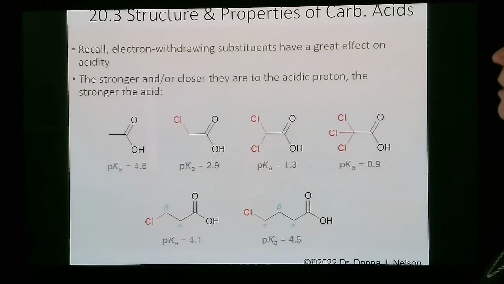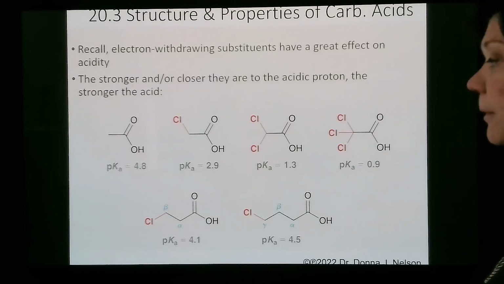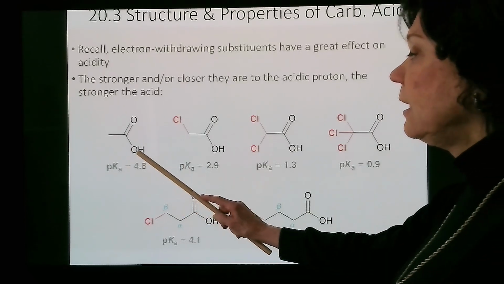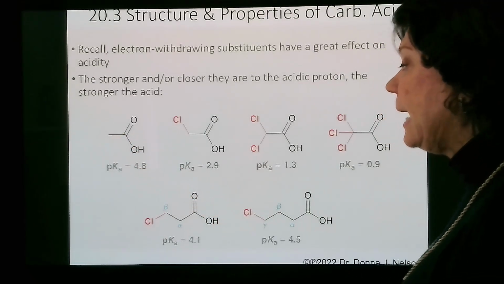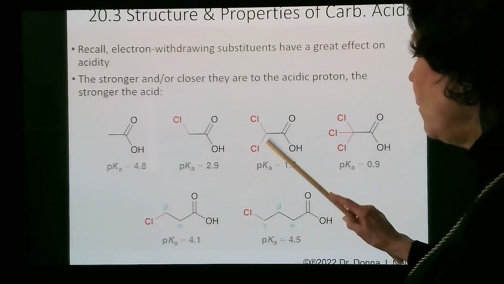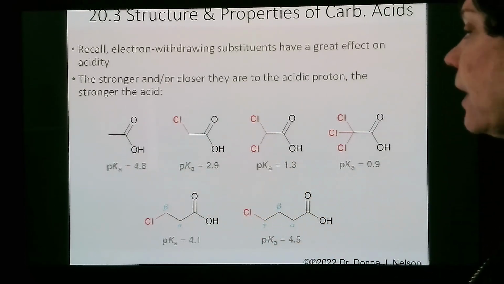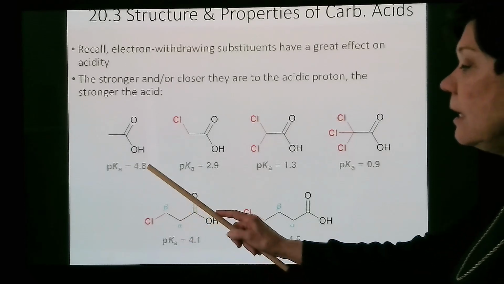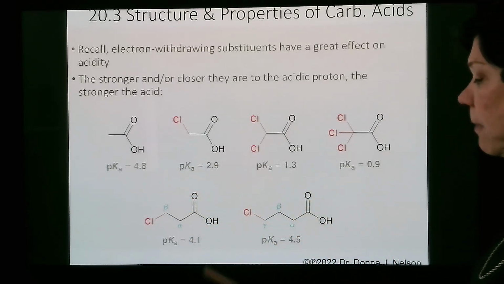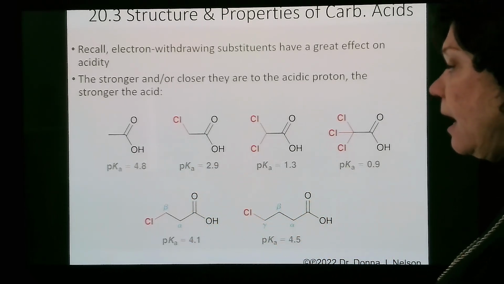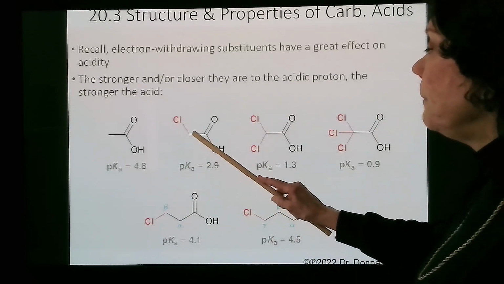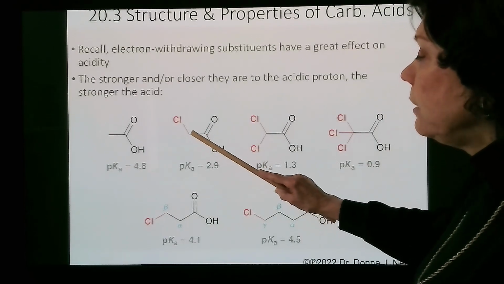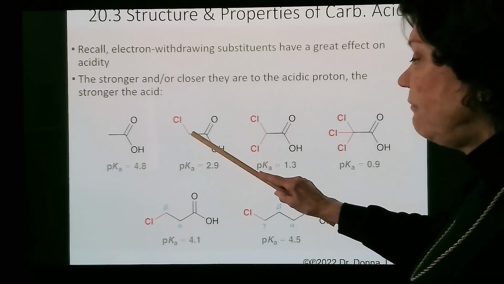Electron withdrawing substituents have a great effect on acidity. So here you can see a couple of trends. The carboxylic acid, this is acetic acid, has a pKa of 4.8. If you put electron withdrawing groups on the carboxylic acid, it becomes more acidic, as you see by the pKa going to smaller numbers. Notice here we have chloro going to the alpha position.